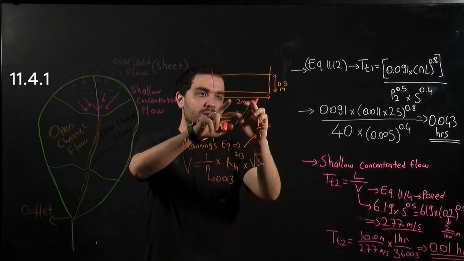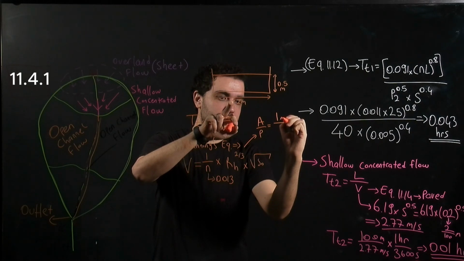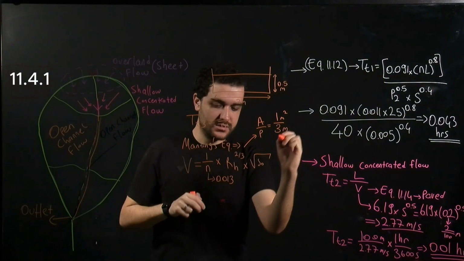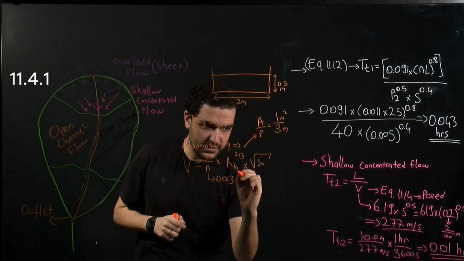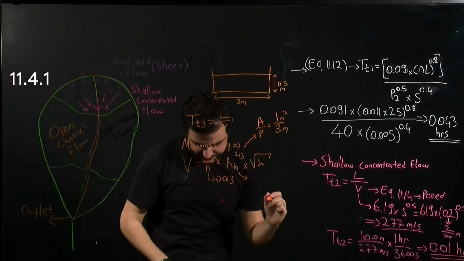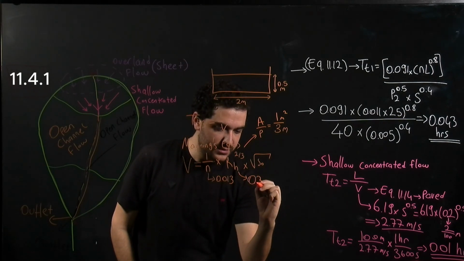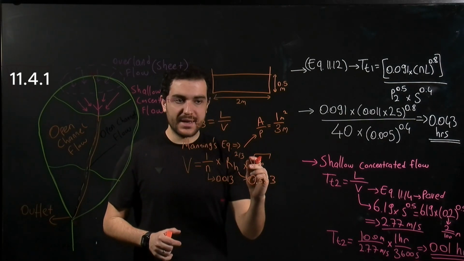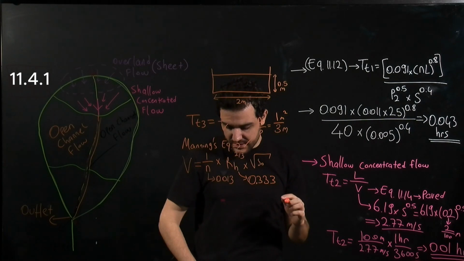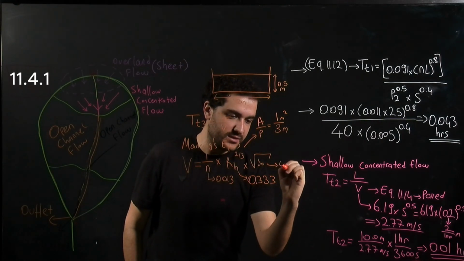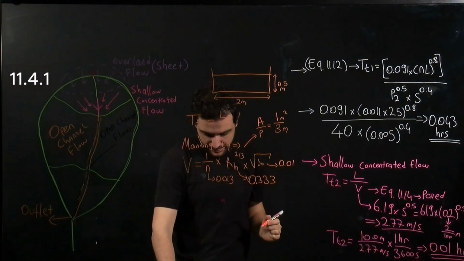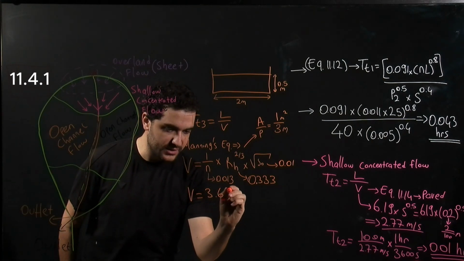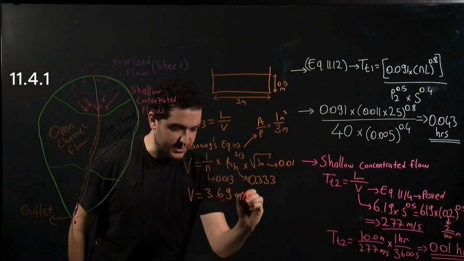Here we have 1 square meter, and a perimeter of 3 meters. So we have a hydraulic radius of 0.333, and the slope is given as 1% in the question, so we can directly write 0.01. From here the velocity is 2.96 meters per second.